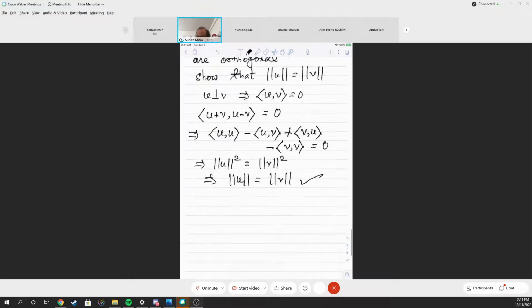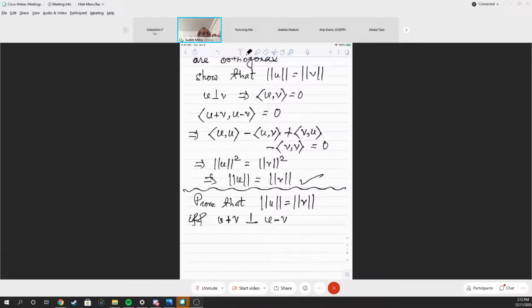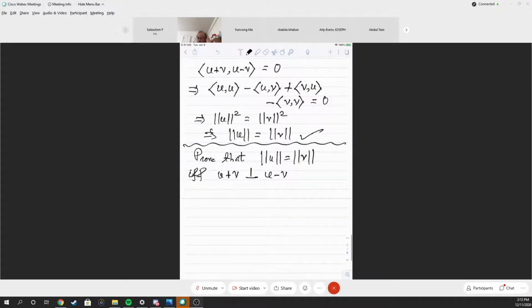Just a minute. Prove that, you will see the screen, right? Norm of U is equal to norm of V if and only if, this is a good one, U plus V is perpendicular to U minus V. If and only if.